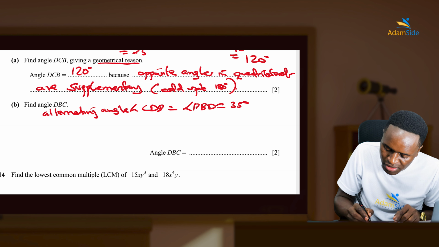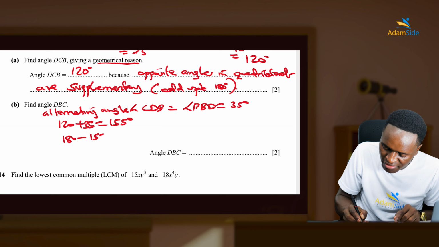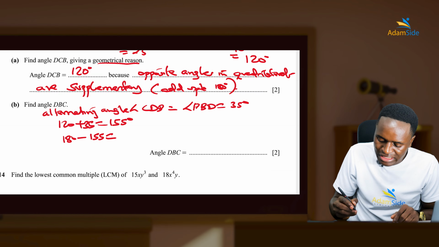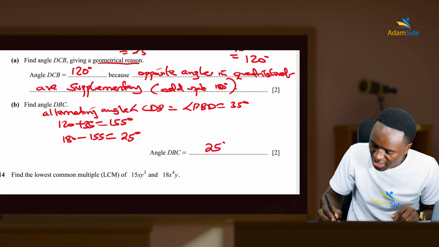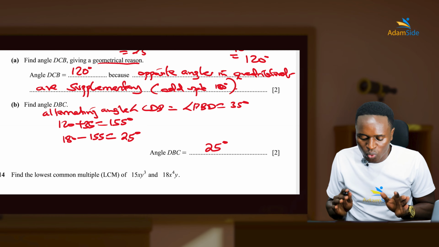After that, 120 plus 35 gives 155 degrees. Then 180 minus 155 gives angle DBC, which is 25 degrees. You put your answer there as 25 degrees. You get all 2 marks.